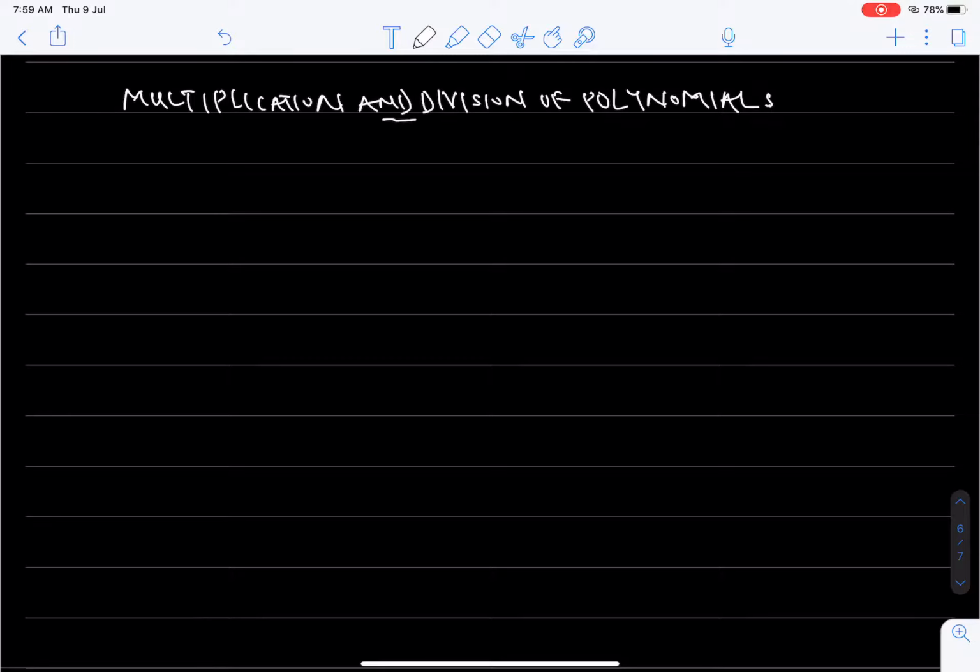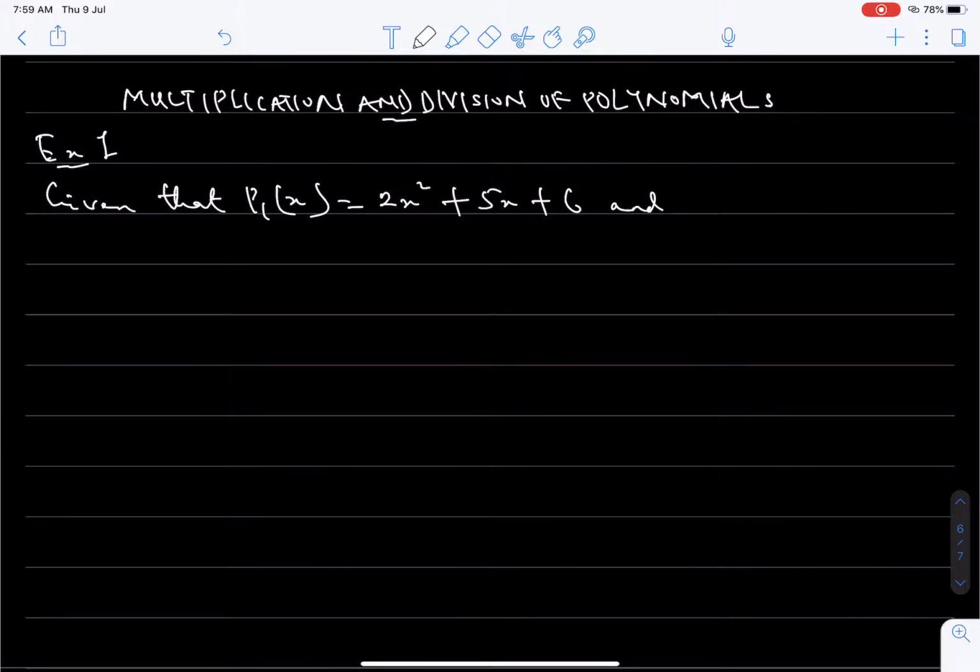Let's take an example. Example 1. Given that P1 of x is equal to 2x squared plus 5x plus 6 and P2 of x is equal to 3x squared minus 2x plus 1.